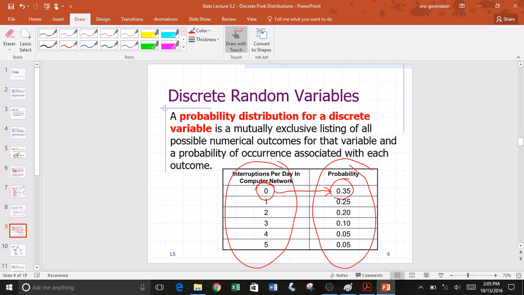So basically, in the last topic, probability, we answered the question, okay, here's one outcome. What is the probability of that one outcome? Now, in the context of probability distributions, we basically list all possible outcomes and give the probability of each of those possible outcomes.